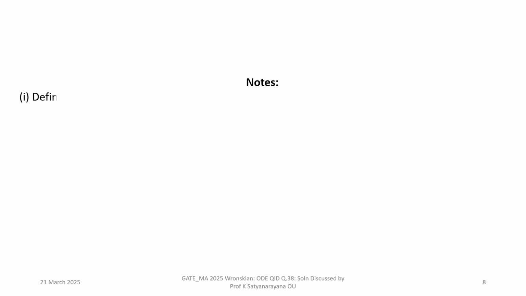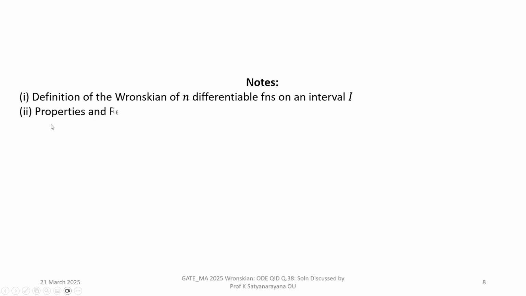First, what do you mean by the Wronskian? The Wronskian is defined for n differentiable functions on interval I. Smooth functions also you can say. And what are the properties of the Wronskian and the results related to Wronskian? So gather all those ideas.